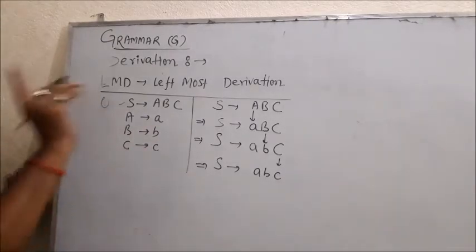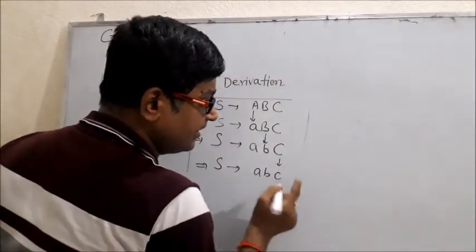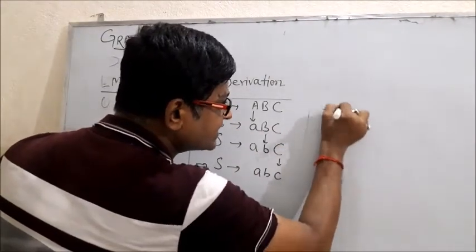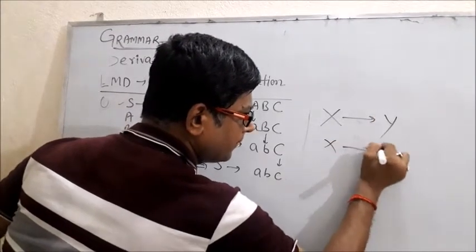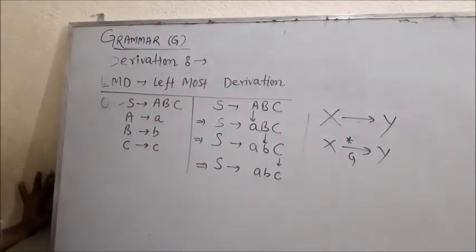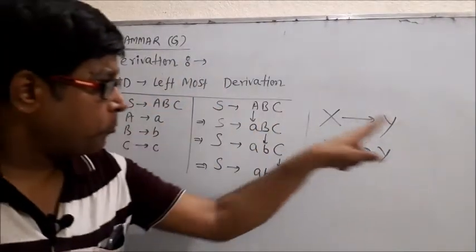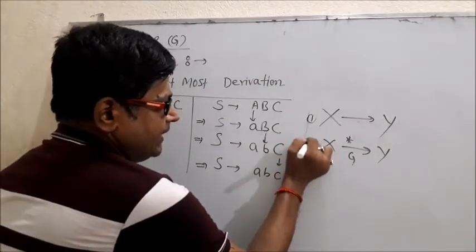that will be your ABC. One more thing I want to emphasize: there are two things, that is X tends to Y and X tends to star Y. What does it mean? It means Y is direct. Say suppose this is the first case, this is the second case.